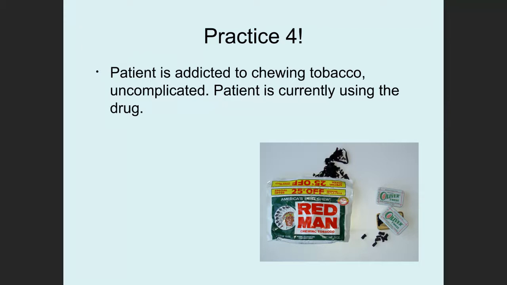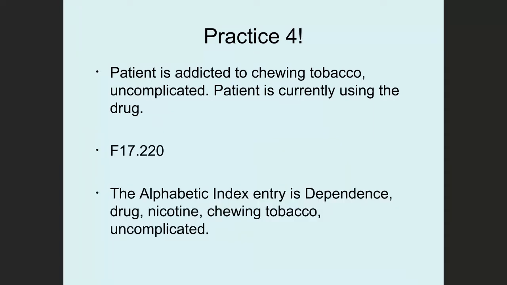Okay, so here's another practice. Pause if you wish. The patient is addicted to chewing tobacco, uncomplicated. Patient is currently using the drug. So the code is F17.220. In the alphabetic index, look at dependence, drug, nicotine, chewing tobacco, uncomplicated.